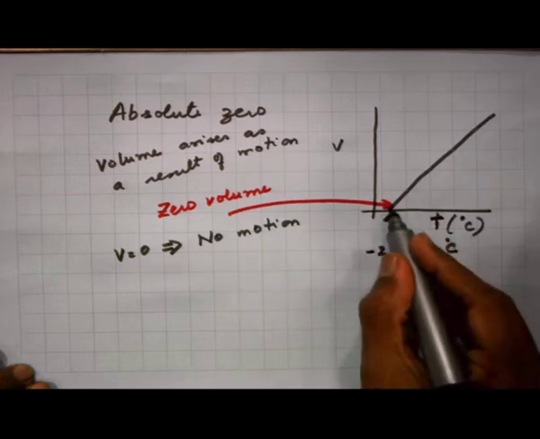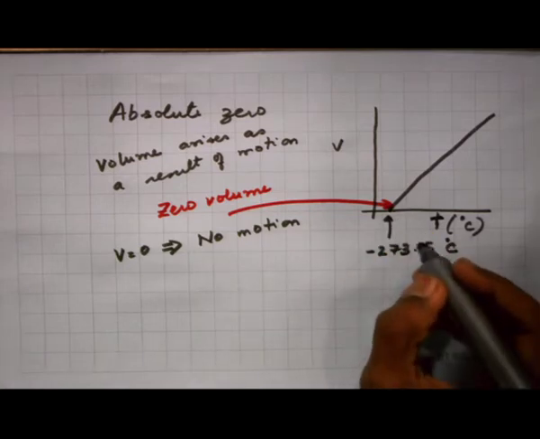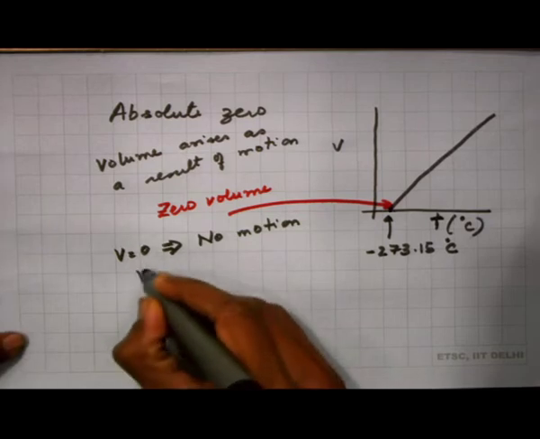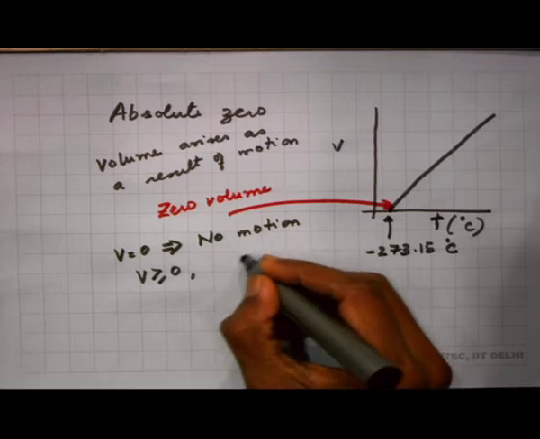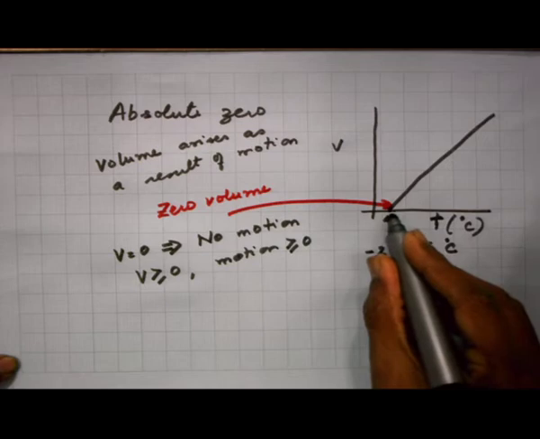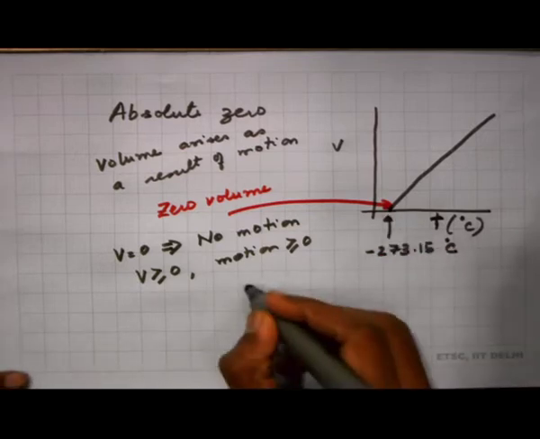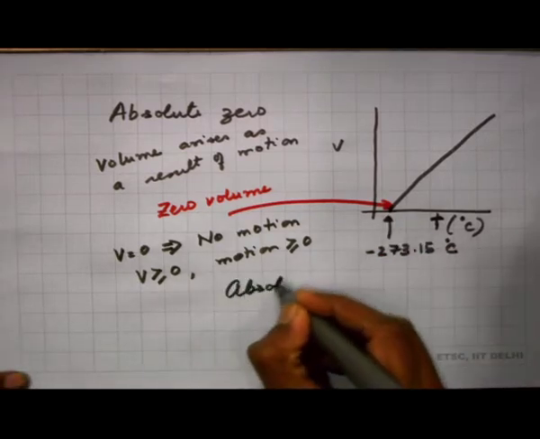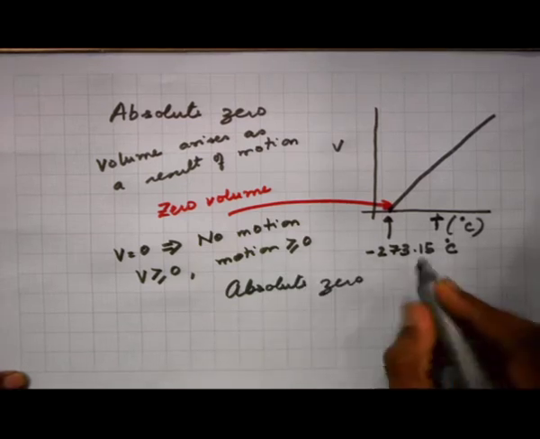The temperature at which the volume goes to 0 is called the absolute 0, because volume has to be greater than or equal to 0 and kinetic energy, or the motion, has to be greater than or equal to 0. So, you can't take any system below this temperature, and this temperature is called the absolute 0, where there is no motion.